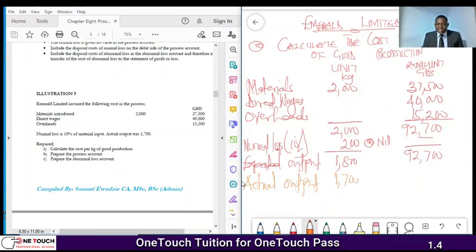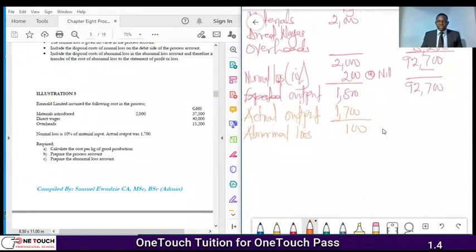So that should tell us that if we're expecting 1,800 units and the actual is 1,700, there has been an abnormal loss of what? 100. That's a loss that we were not expecting. It is an abnormal loss of 100 units.